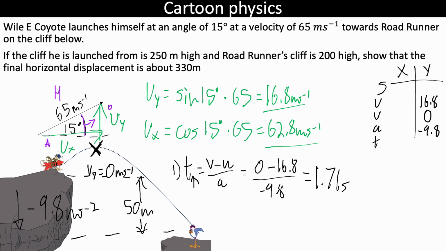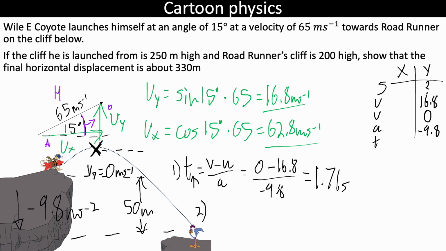In order to figure out the time down, we need to go from as if Wile Coyote's falling from this height here. So what is that height? We've got to figure out sy.